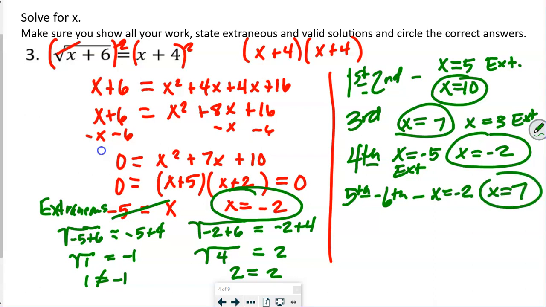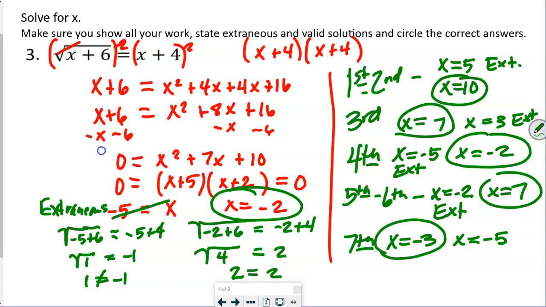This was your actual solution. This one was extraneous. And then seventh period, we had x equals negative 3 and x equals negative 5. And this one was your answer, and this one was extraneous, okay?